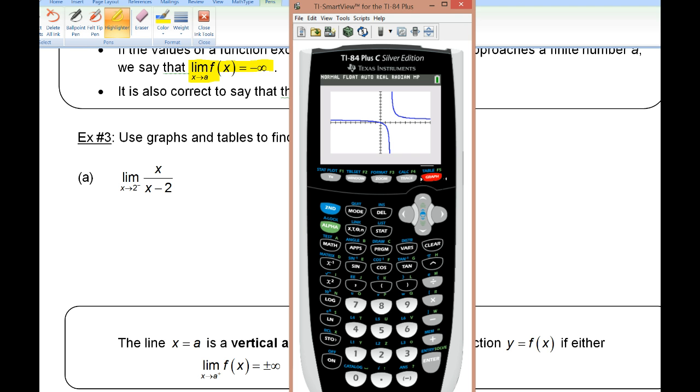Good? Okay, so we're looking at x approaches 2 from the left. What's happening to the graph? It's approaching negative infinity.